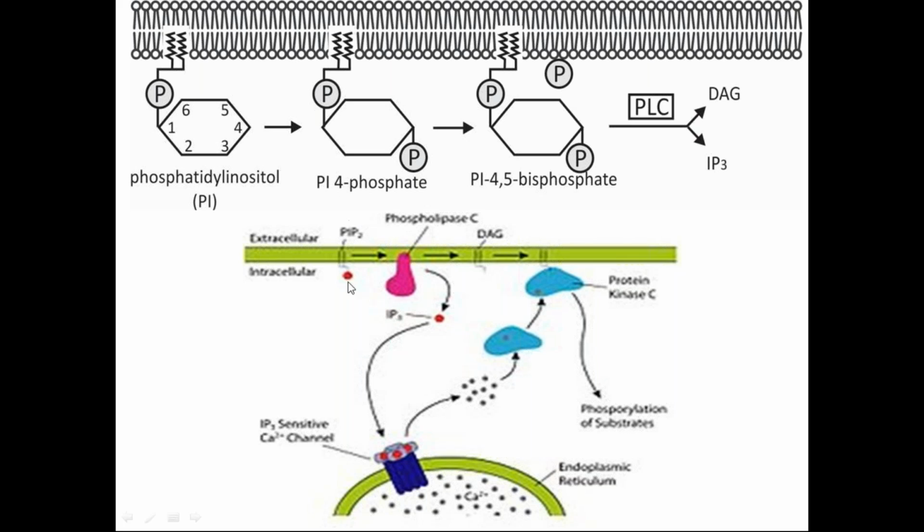This PIP2 is broken by the phospholipase into DAG and IP3. Both are second messengers, but the roles of these second messengers are different. You should know the function of each second messenger.